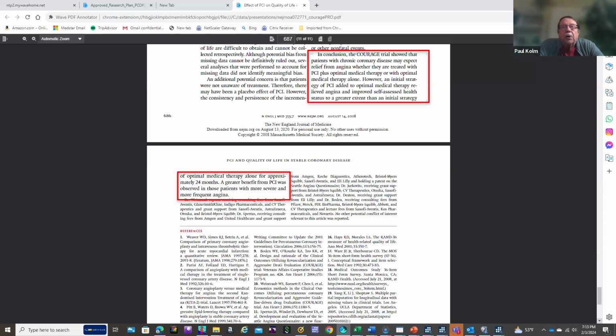We just sort of generalized to what the overall findings were, that you had a greater benefit from PCI in patients 3 to 6, 12 months out from treatment, but after more time elapses the treatment effect disappears.